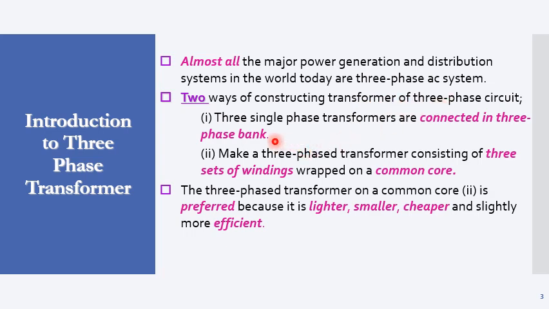First, use three single-phase transformers connected in a three-phase bank. Second, make a three-phase transformer consisting of three sets of windings wrapped on a common core. The second method is preferred because it is lighter, smaller, cheaper and slightly more efficient.